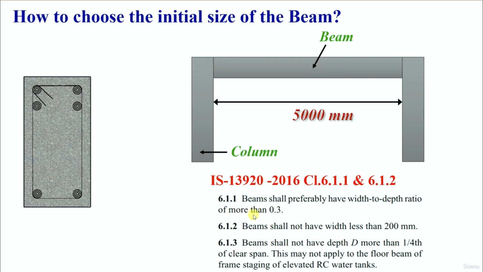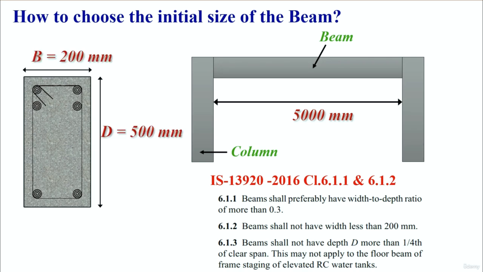Width to depth ratio shall be more than 0.3 and the beam shall not have width less than 200 mm. Always we have to use the beam width as minimum 200 mm. It may vary, like 225 we can use, or else 300 also we can use. It's according to the type of structure and what is the load coming on the structure. It all depends. But minimum we have to use 200 mm.